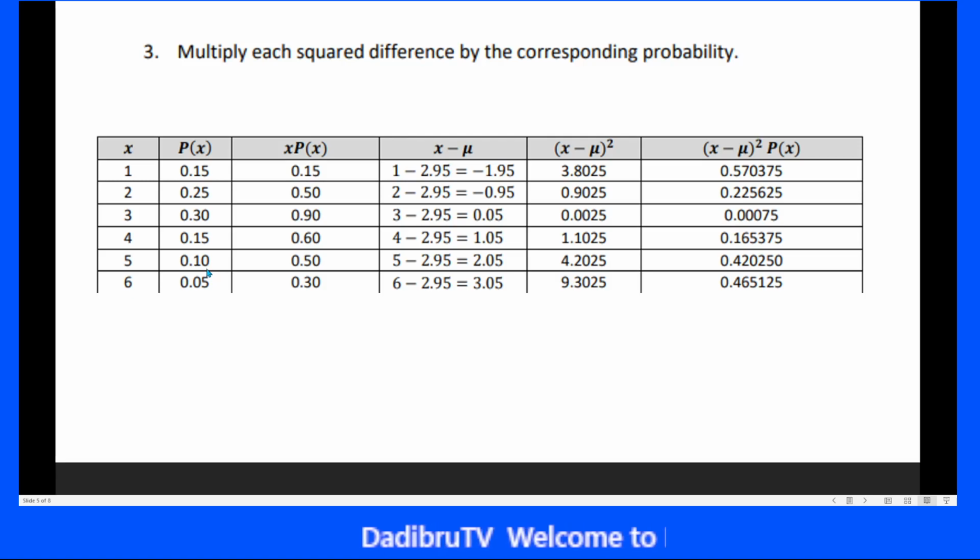Next, 0.10 times 4.2025 is equal to 0.420250. And next, 0.05 times 9.3025 is equal to 0.465125. Okay?